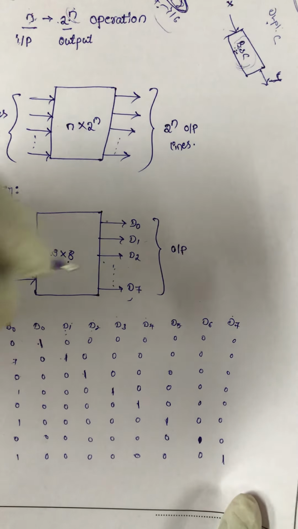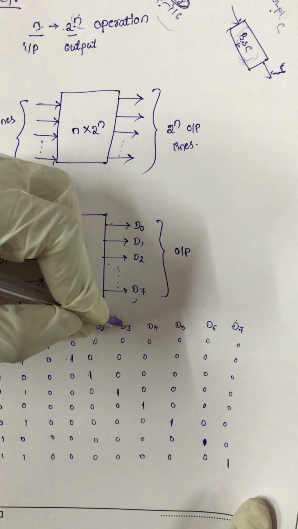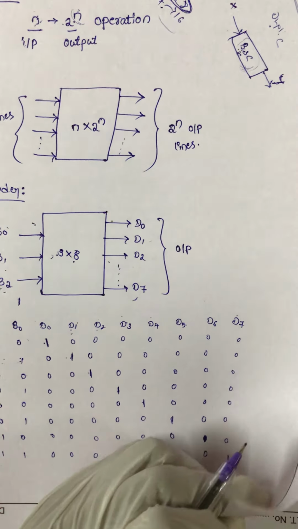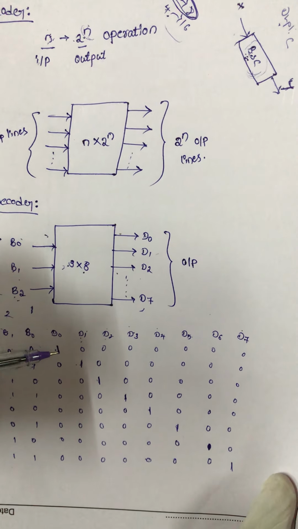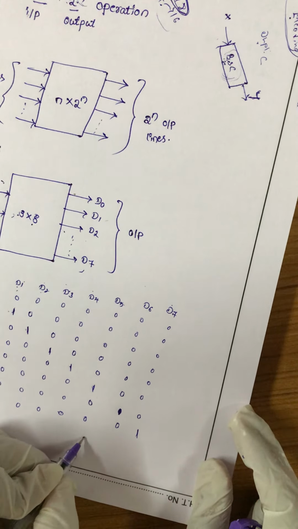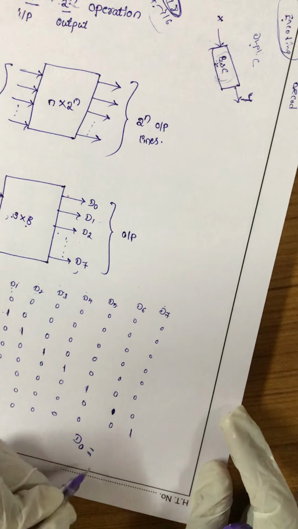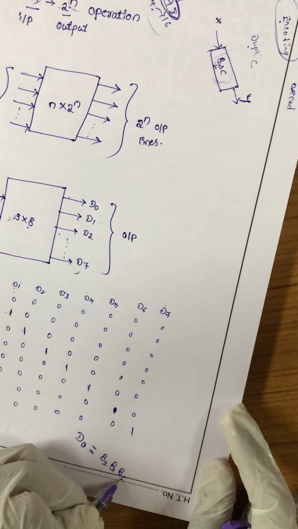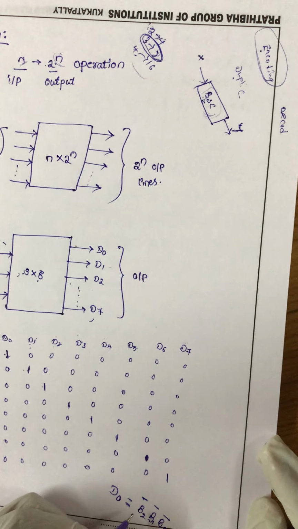Okay, for that we first of all have to represent the outputs D0, D1, D2, D3 up to D7 by using the inputs. So first of all, D0 is 1 when B0, B1, B2 are zeros, so the D0 output can be generated when B0, B1, B2 are zeros, represented by B0 bar, B1 bar, B2 bar.